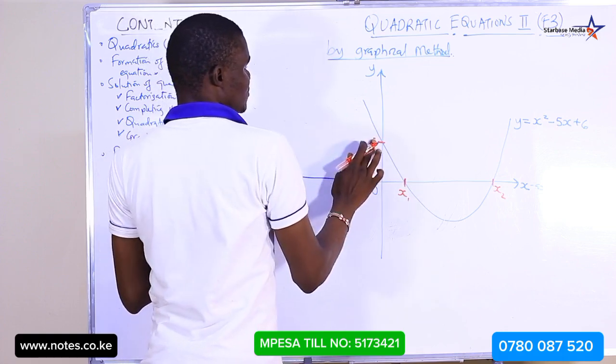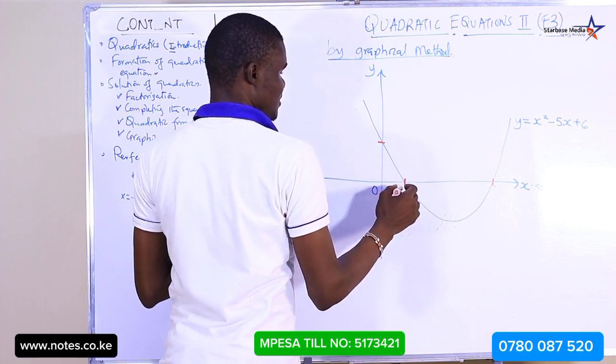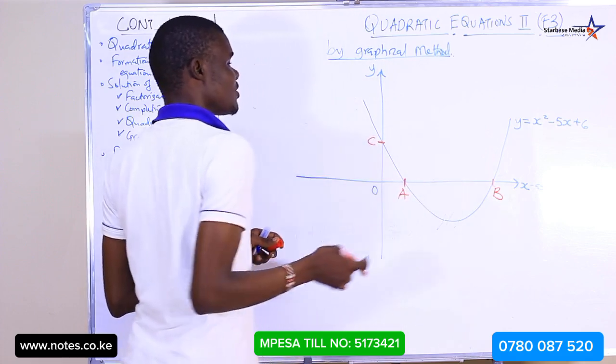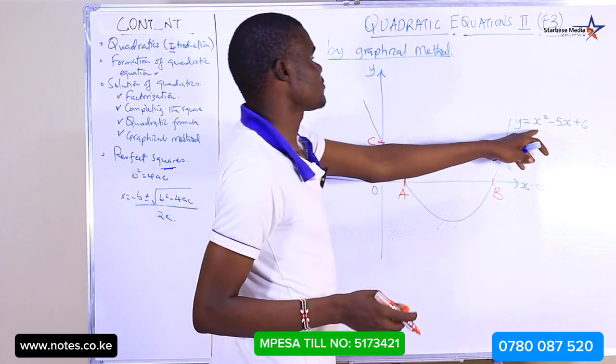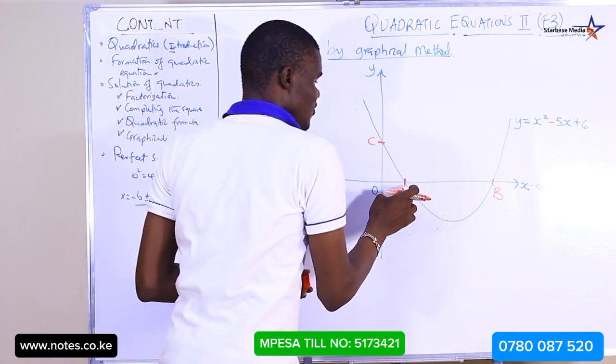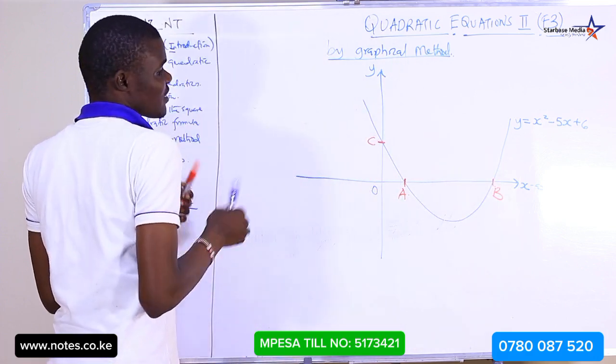Maybe I'm now told to get point A, point B, point C. What I'm simply going to do is solve this. And once I solve it, I'll be able to know this point, and this point. And this is how you go about it.